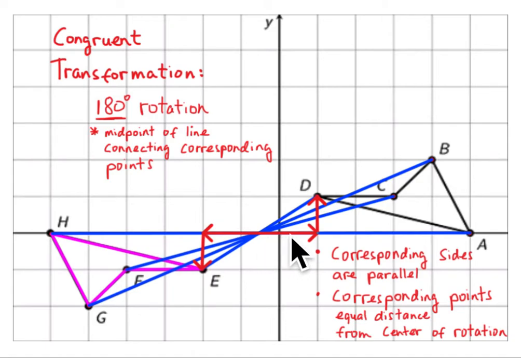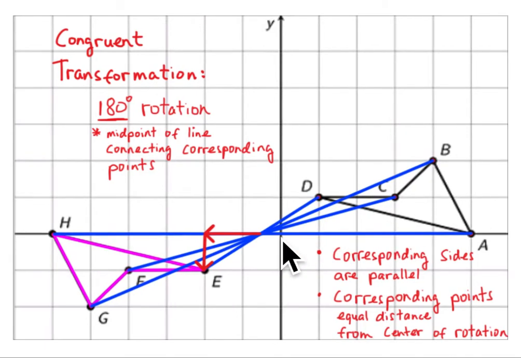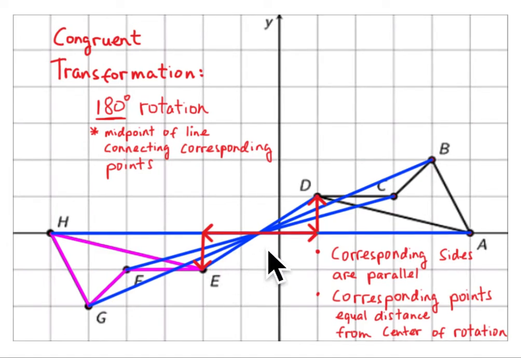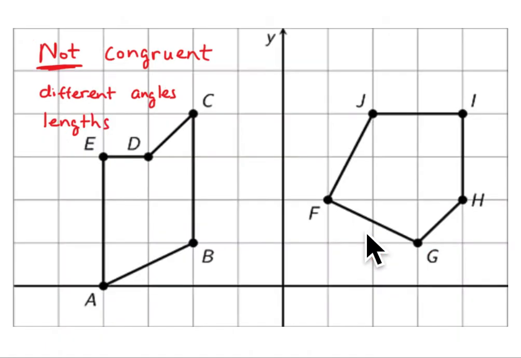This is a half a unit and 1 unit, so it's 1.5 units, and it's up 1 unit. So this way was 1.5 units over, 1 unit down, and 1.5 units to the right, and 1 unit up. So counting does help confirm that this is a 180-degree rotation. So these are congruent images or congruent figures.